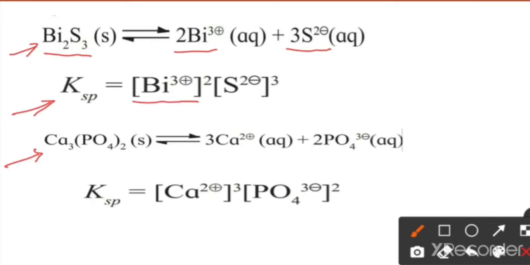Next example, calcium phosphate gives 3 ions of Ca plus 2 plus 2 ions of phosphate PO4 minus 3. Solubility product is concentration of Ca plus 2 raised to 3 into concentration of PO4 minus 3 raised to 2.